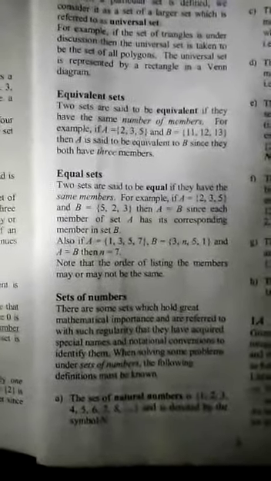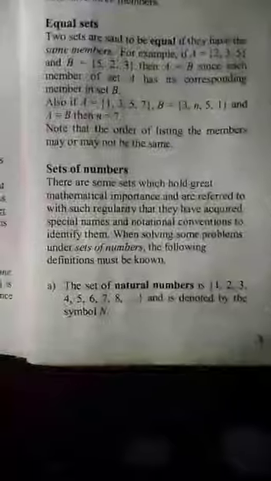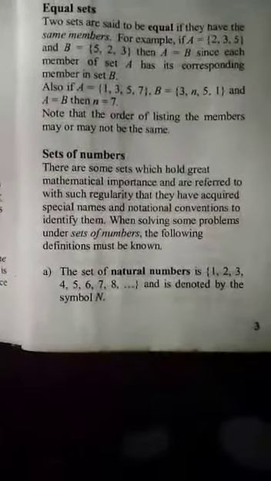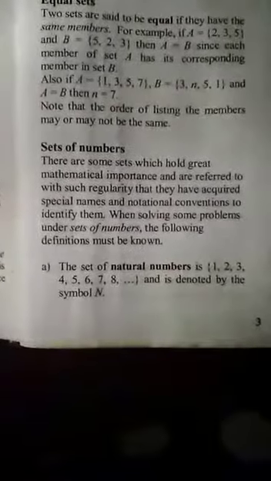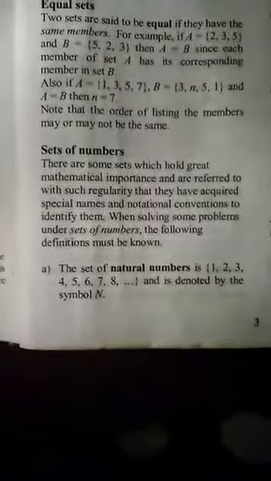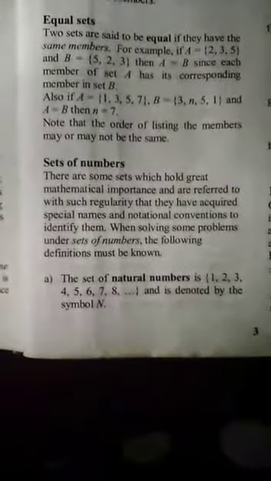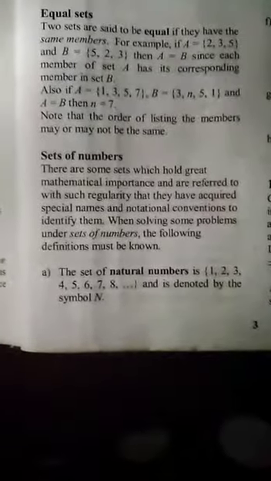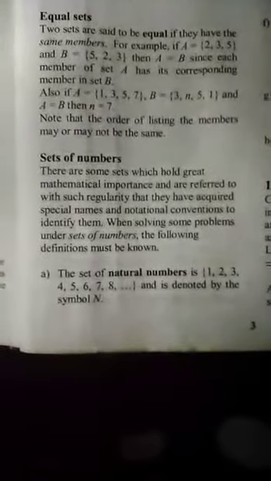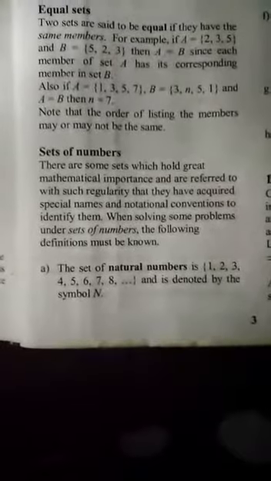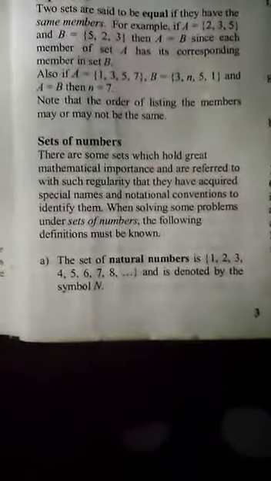We have equivalent sets. Sets are said to be equivalent when they have the same number of elements. Please take note, the same number of elements. If it's made up of 4 elements, the other one is also 4 elements. If 3 elements, the other one is also 3 elements, but not the same kind, the same number of elements.